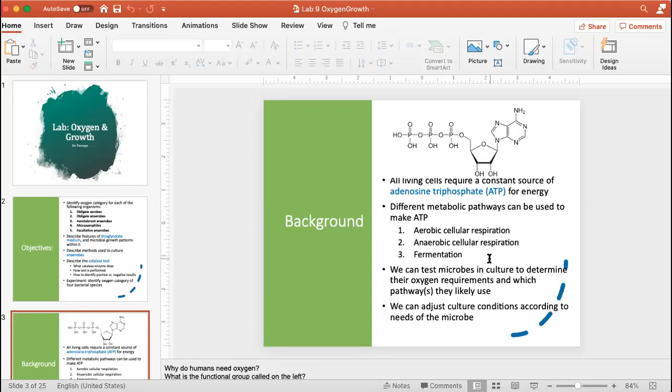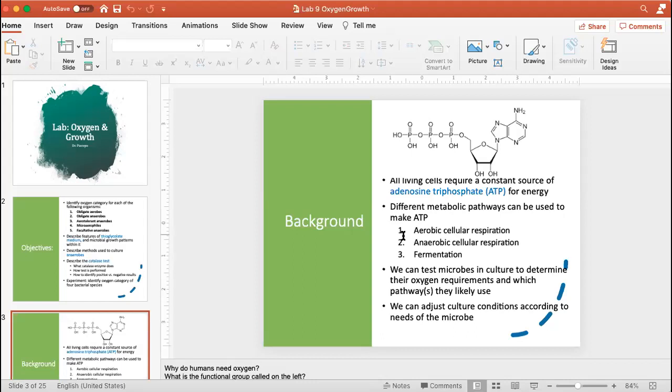Microbes are a lot more diverse than human beings are in terms of their metabolic abilities. Humans use aerobic cellular respiration to make their ATP. That is their primary metabolic pathway for making ATP.